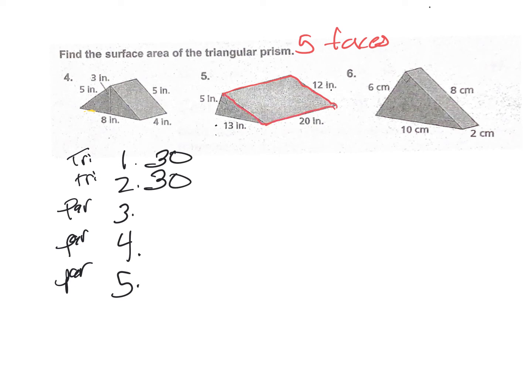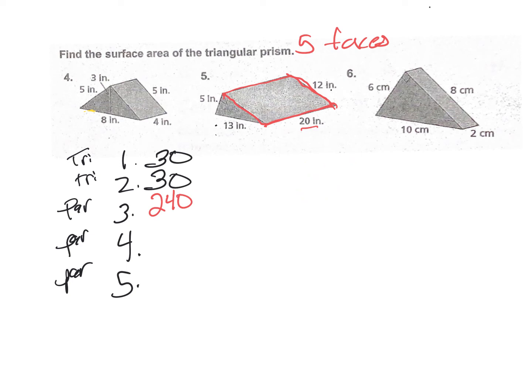And this is a 20, by here to here, which is 12. So 20 times 12. And when you do 20 times 12, you get 240. Okay, so that's that one, 240. Then I'm going to switch gears a little bit.